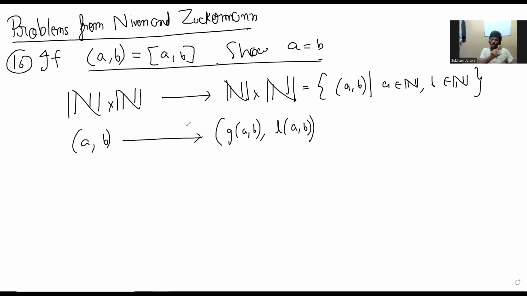Then is it possible that two different pairs, meaning (A, B) is different from (C, D), either A is not equal to C or B is not equal to D, give the same image? Both the components have to be the same.